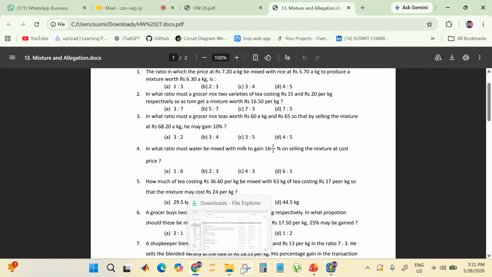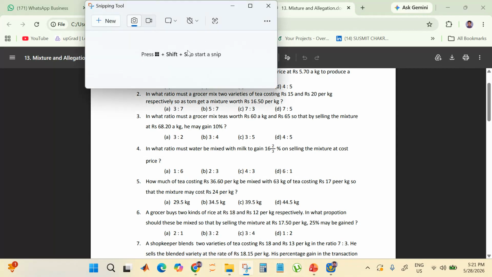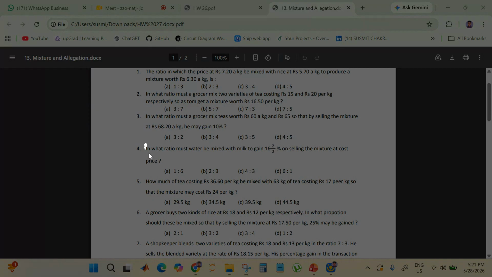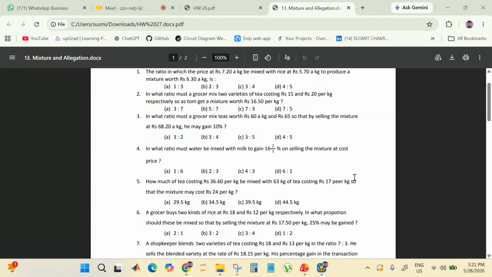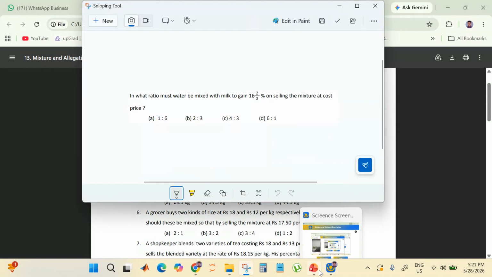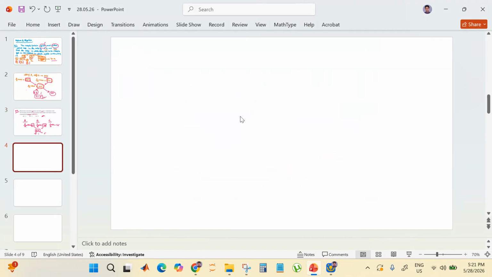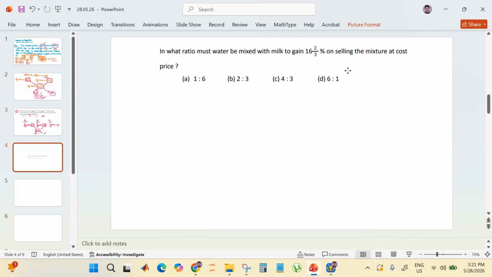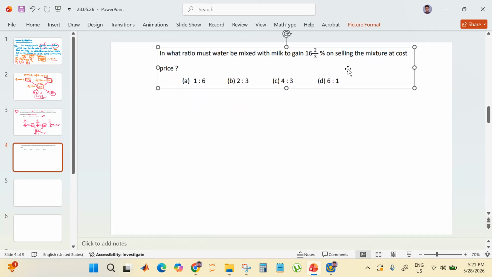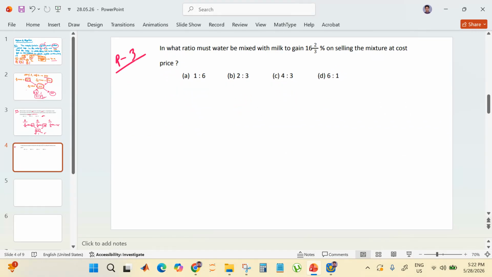I am taking question number 4 in the next discussion. So here I am writing problem number 3 for today, but it is actually question number 4. Remember. So problem number 3 for today.